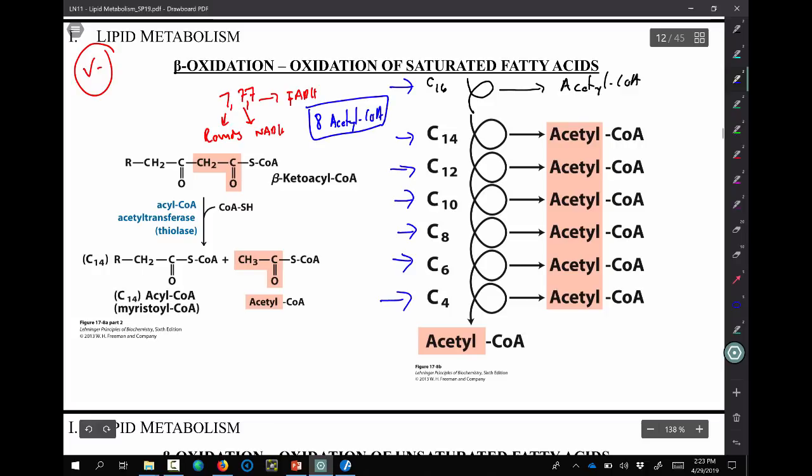The number of rounds in the case of a saturated fatty acid will always equal the number of NADH and FADH2 produced. The amount of acetyl-CoAs will always be 1 more than the number of rounds it takes, again, in a saturated fatty acid. Yep. Other questions?